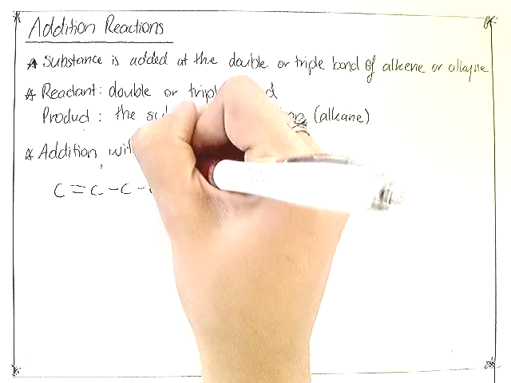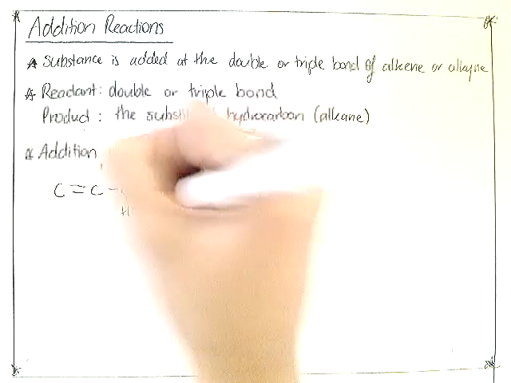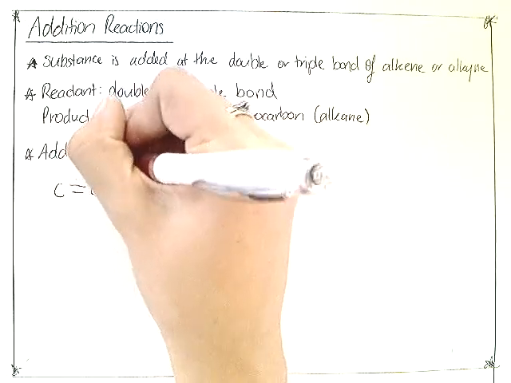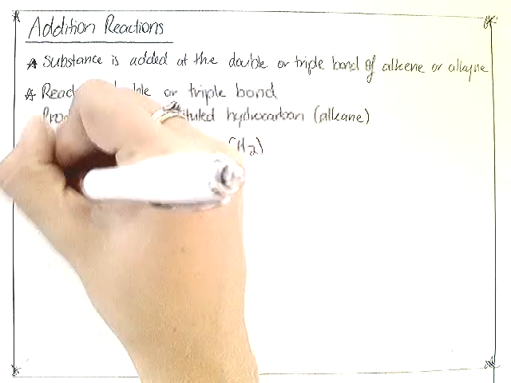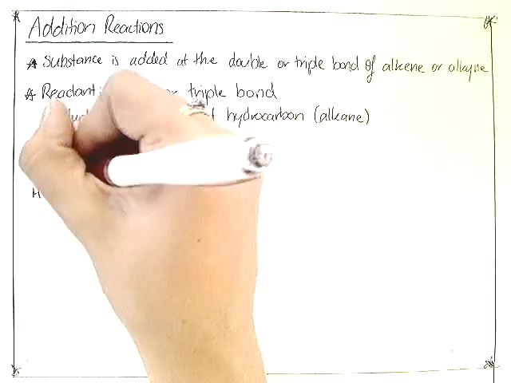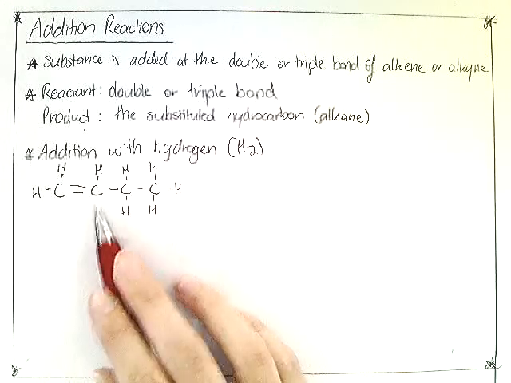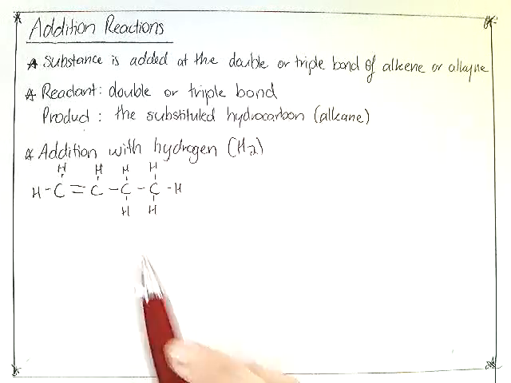So I'm drawing it out in full form like this rather than a line or stick drawing, because when we're talking about reactions, it's a lot easier to have it drawn like this because you can actually see what's going on and what's moving where and what we're breaking. It makes it a lot easier.